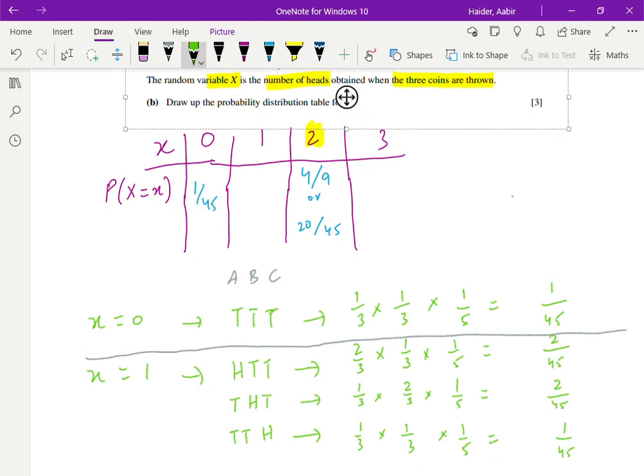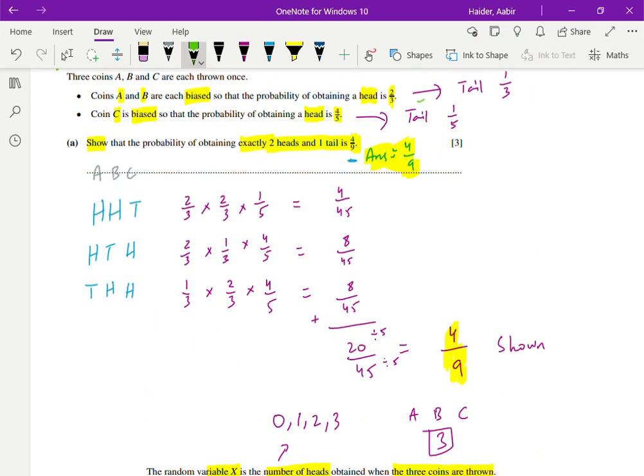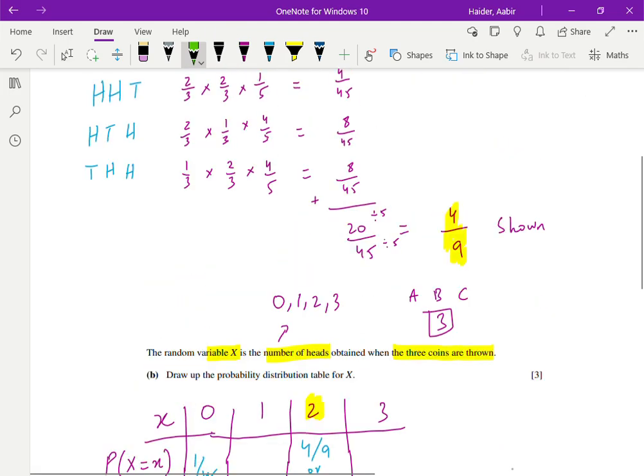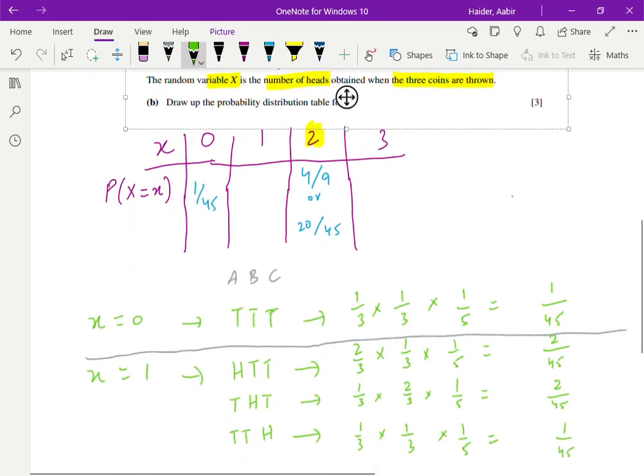That will give you 2 over 45. For the third one also, tail 1 over 3 times 1 over 3, and then times 1 over 5. So it will give you finally this probability. Now what you can do here is, if you have this 2 and 2 and 1, you can add them up.